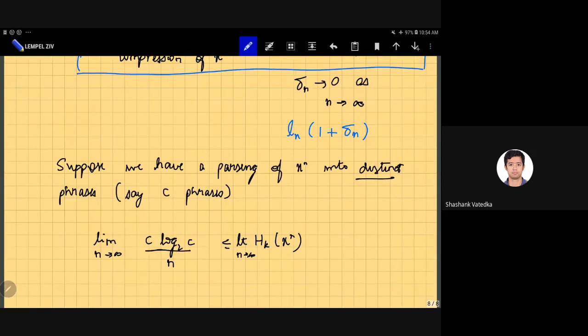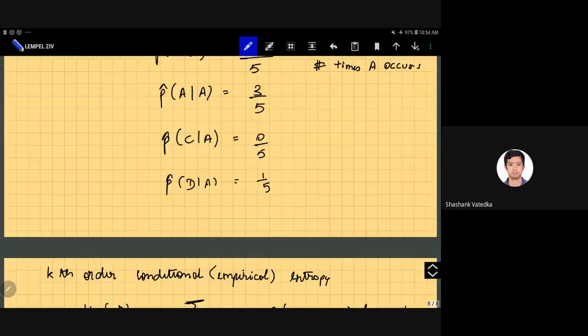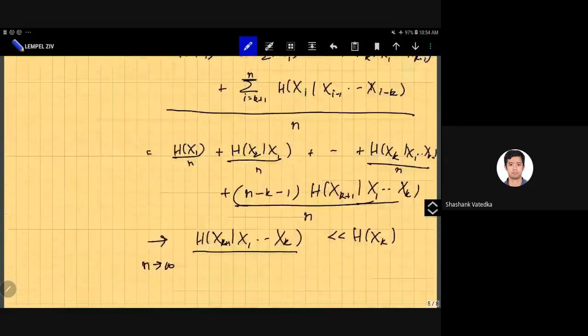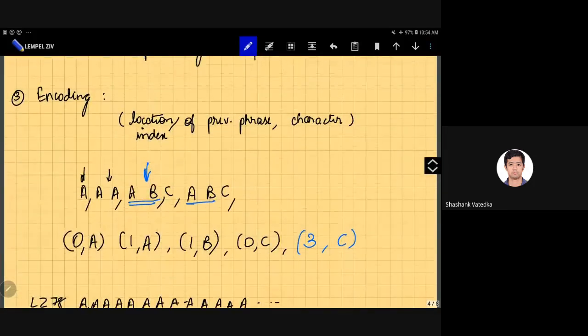All right. And note that C log C is a good measure of the number of bits needed to represent each phrase in LZ78, because after all, you're storing a pointer. If you look at the encoding of LZ78, it is basically an index of a phrase followed by a character. The character is not too much, but it's really the index which takes up most of the space.